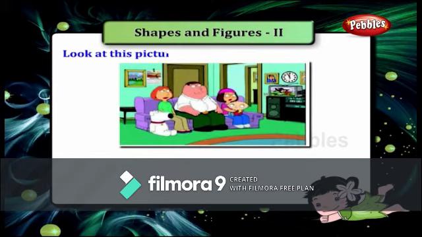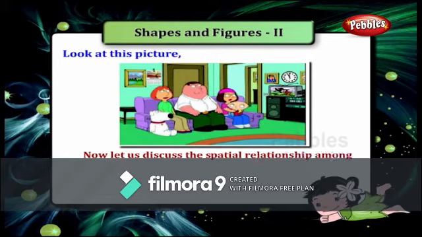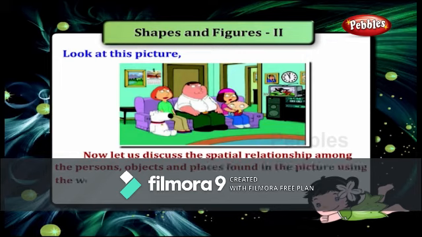Look at this picture. Now let us discuss the spatial relationship among the persons, objects and places found in the picture using the words like below, above, under, on, in, between and so on.